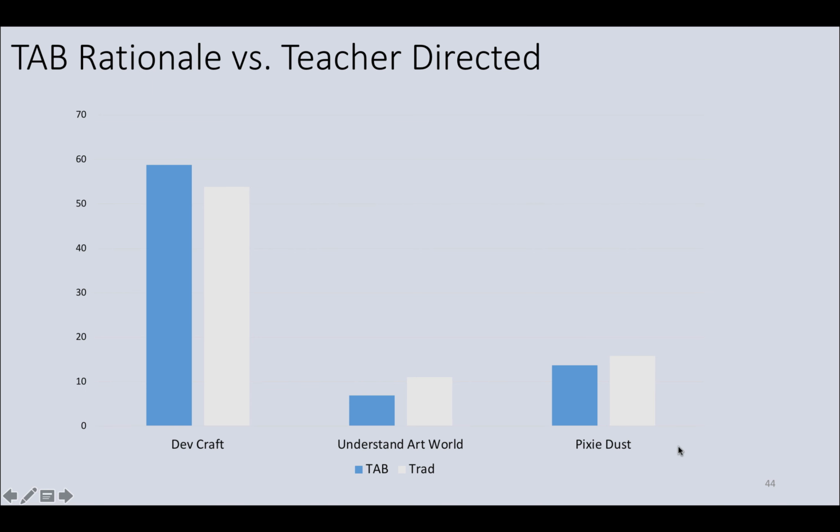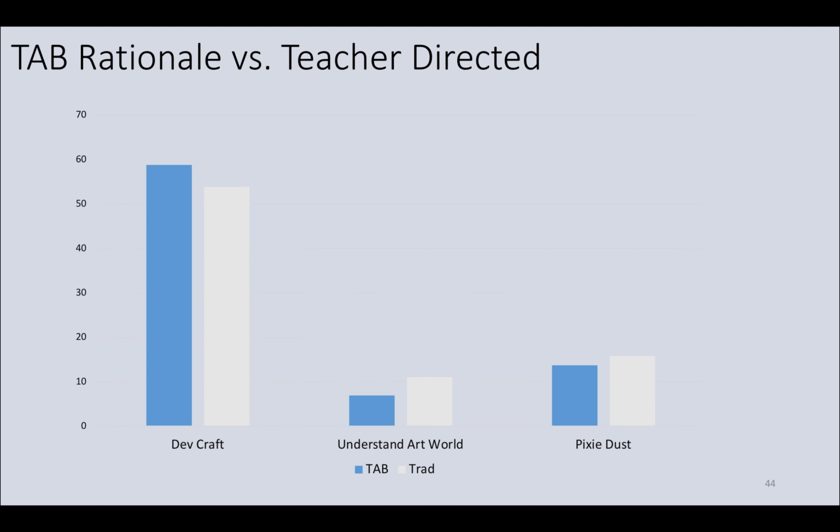The third thing, in the interest of full disclosure, the third hypothesis that I had was about pixie dust, is what I called it. So this idea that some kids are really good at art, and art is really important for some kids, and some kids have talent. And that there are some people who have been given magical artistic pixie dust in their sleep, and they're good at it. And in a TAB classroom, that's antithetical to the way most of us think.